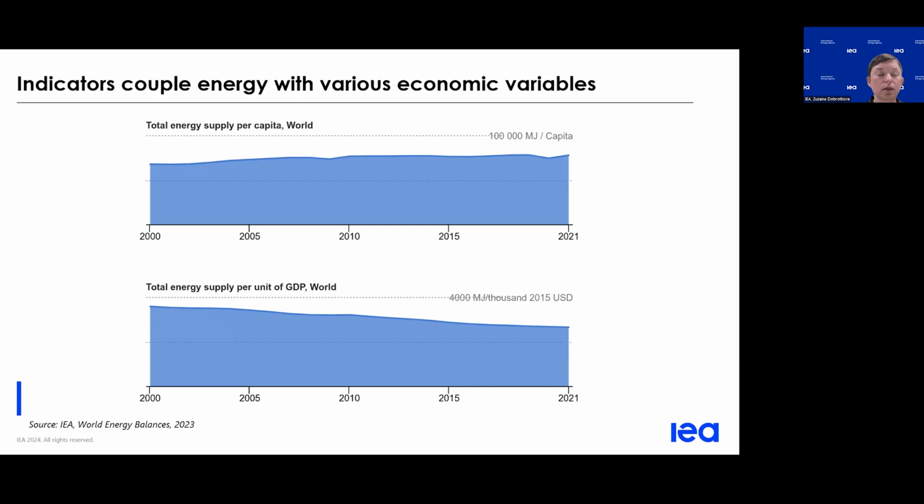Is that increasing, decreasing? Total energy supply per unit of GDP. It's good news to see that it's decreasing. That means basically that the energy intensity of creating GDP in the world is going down. So for 1 unit of GDP, you need slightly less energy today than you needed 20 years ago. It's very good news.